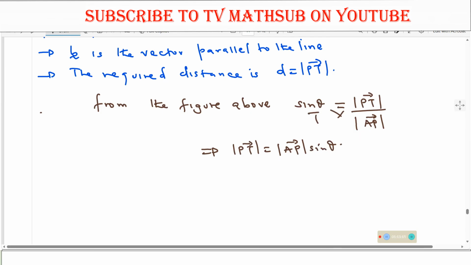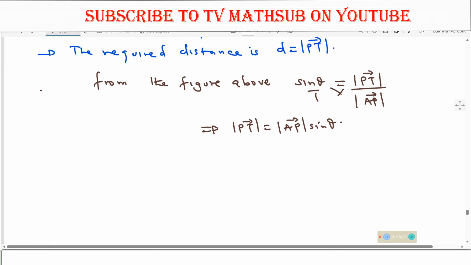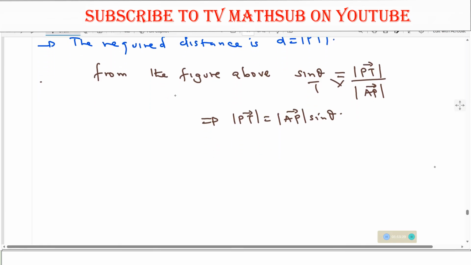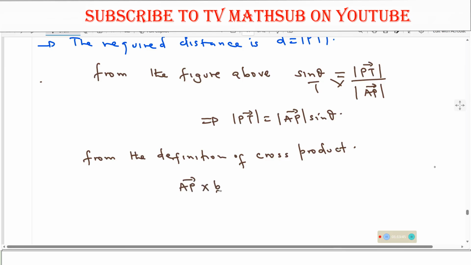Now, I want us to refer to the definition of cross product. From the definition of cross product, what will be vector AP cross vector B?